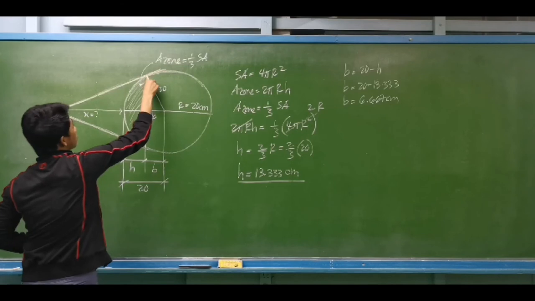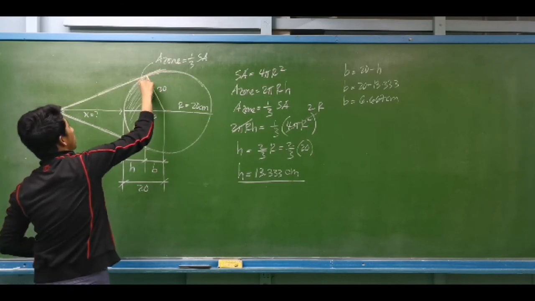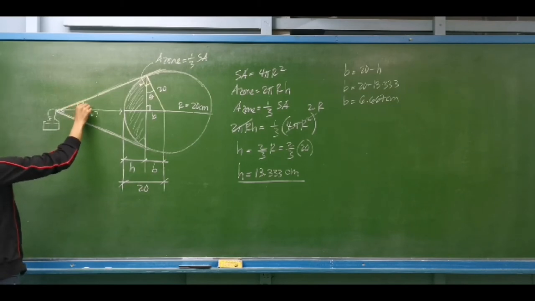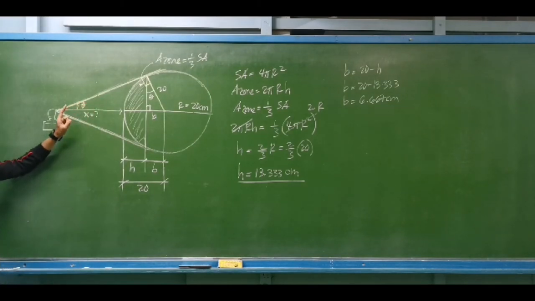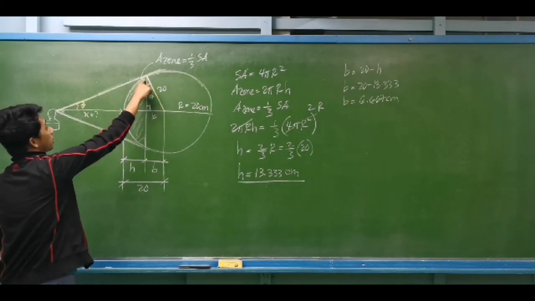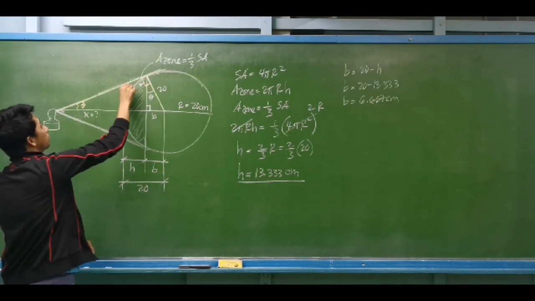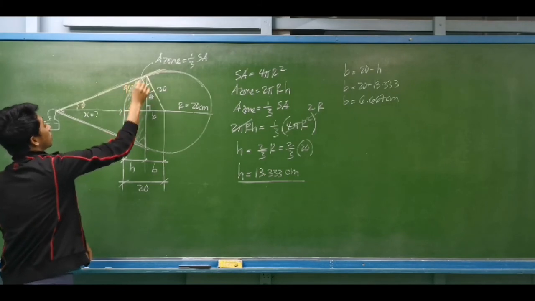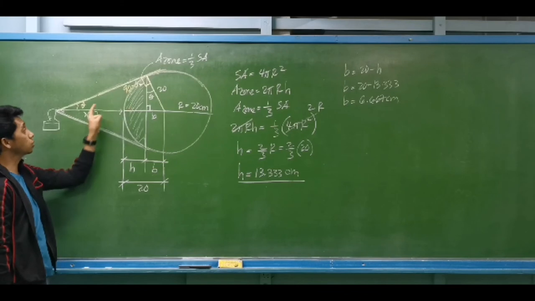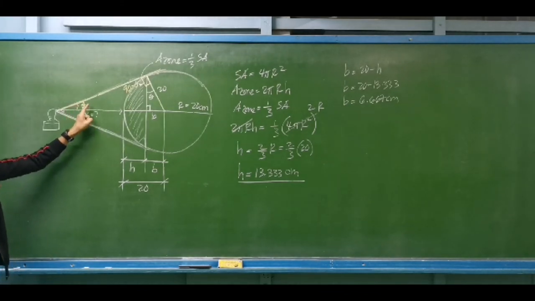Tangent line tsaka radius, laging 90 degrees yan. If this is theta, pareho lang din dito sa angle dito. It will be the same as theta. Kasi yung portion na to is 90 degrees minus theta. Mabalik lang ulit yan. 90 minus theta plus theta is 90. Okay, so dapat ito ay theta.